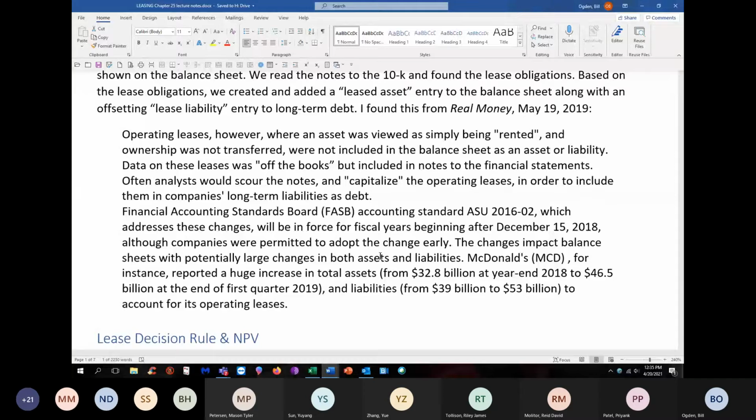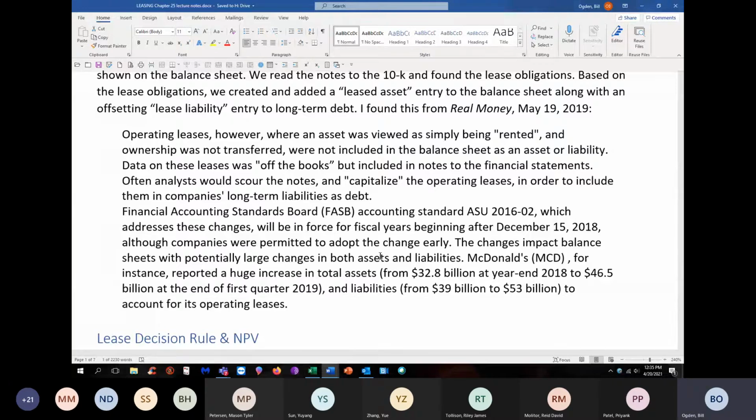So when you hear the word capitalize, what does that mean? Explain it to an eighth grader participating in Junior Achievement. Well, to capitalize a stream of cash flows is to find the present value of those cash flows, and in this case, obligations, these payments, and we will create a liability, just like a bond.